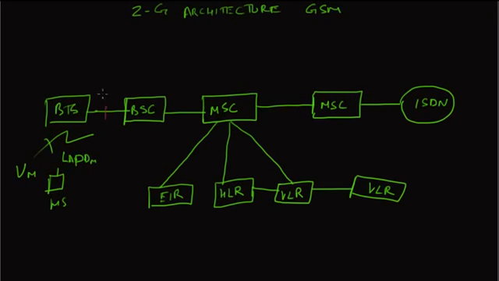The interface here between BTS and BSC is the A-bis interface, and again the protocol is LAPD. The interface here is the A interface. Protocol is BSSMAP, base subsystem mobile application part.